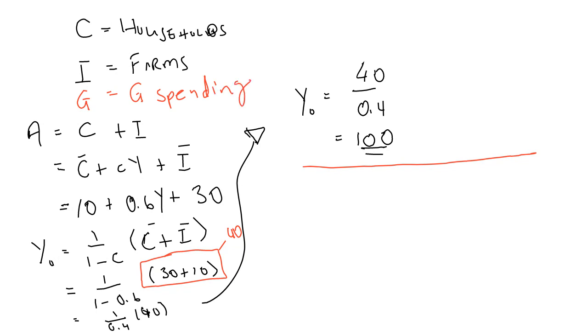As a result of this, your autonomous spending moves from 30 plus 10 plus 20. Right, and this is C, I plus G. And this is now 60. So that's our new autonomous spending, which in this case is A bar.